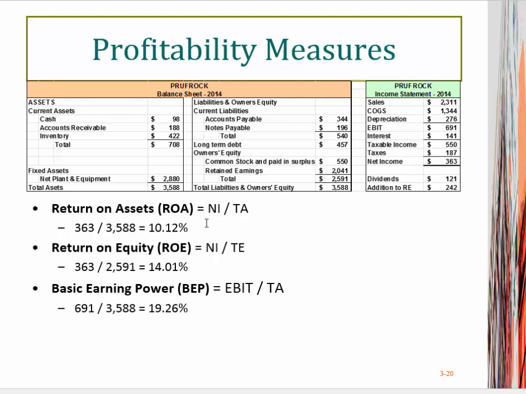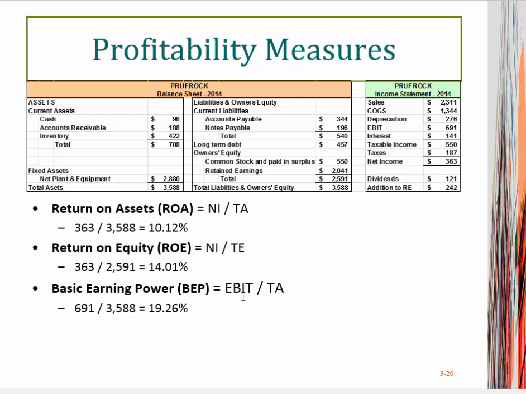Return on equity basically shows the profit left over to pay for, or attributed to, the investments of the shareholders. So this company provides a 14% return to its shareholders. I think return on equity is fairly easily understood. Basic earning power is a ratio that's not in your text, but I think it's important from the perspective of return on assets.